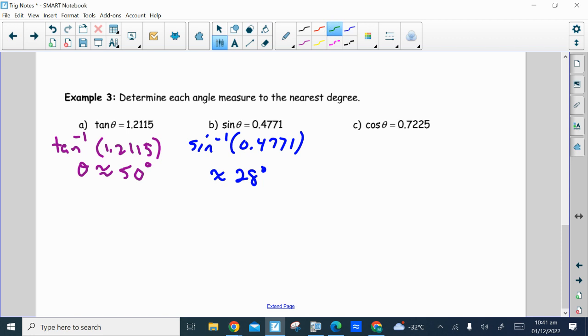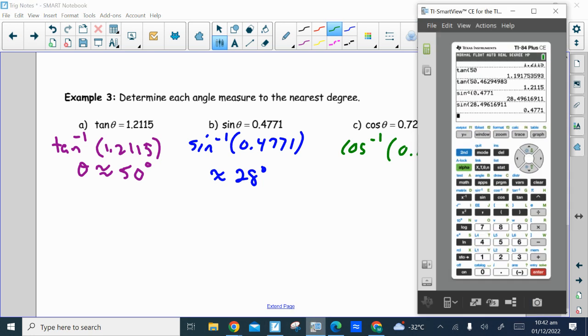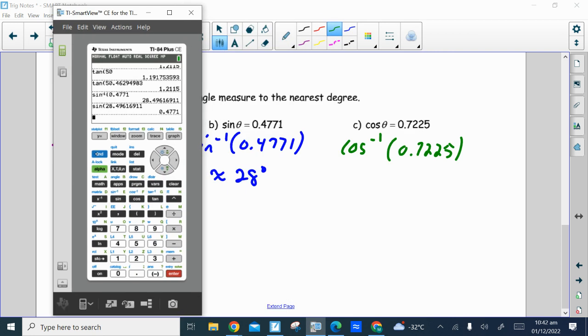And for the last one, if the cosine is that decimal, to find out what the angle is, we have to go cosine to the negative 1 of that decimal. The cosine of an angle theta is 0.7225. To find out what the angle is, such that the cosine of that angle does equal 0.7225, we have to go second function cos.